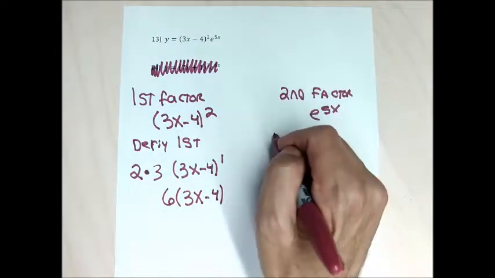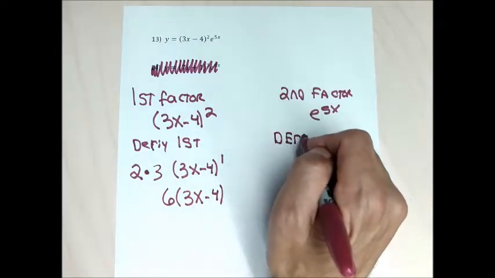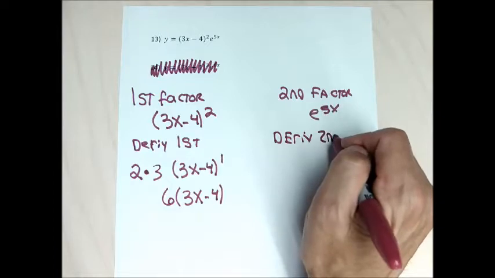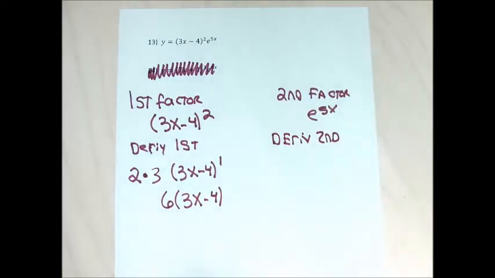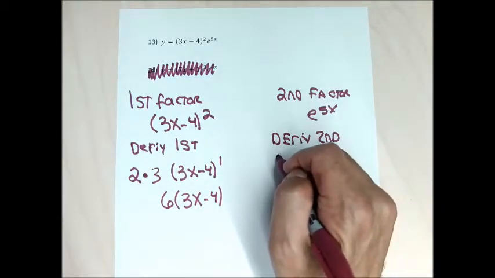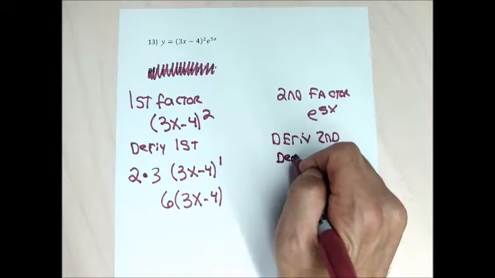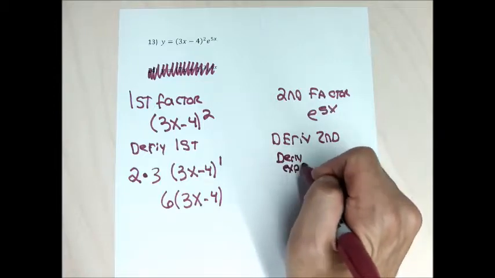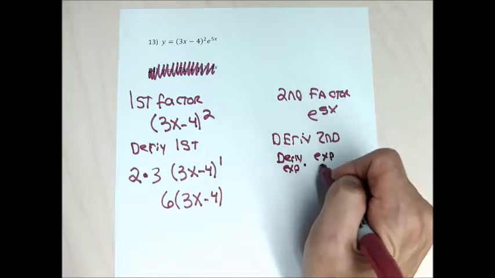Now I'm going to do the derivative of the second, and I'm going to shortcut it. To do the derivative of an e that doesn't have a coefficient, it's just the derivative of the exponent times the exponential piece.